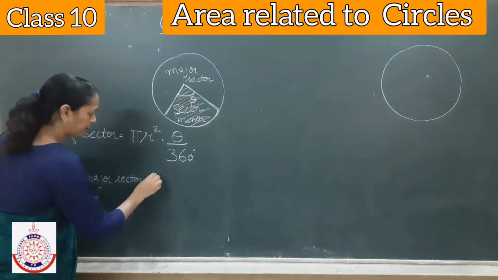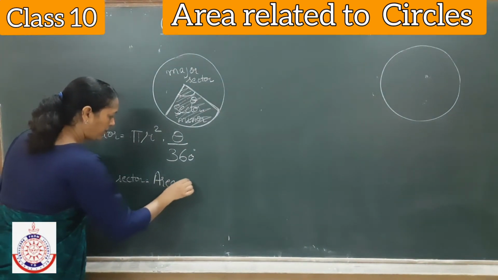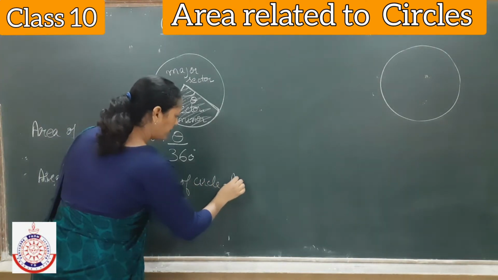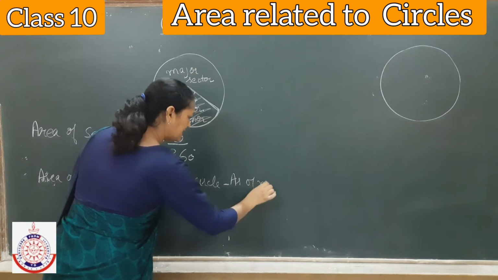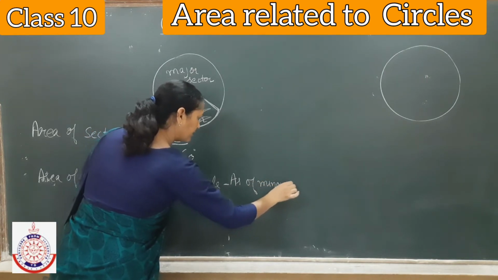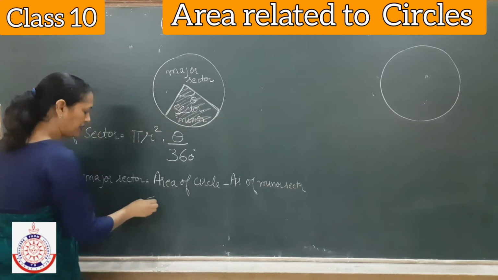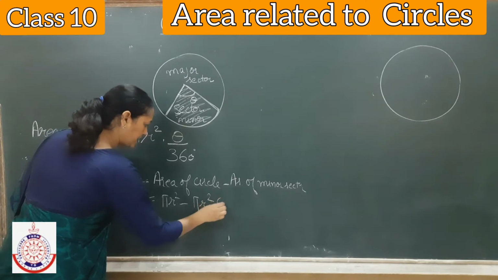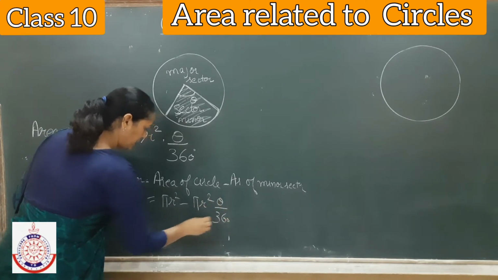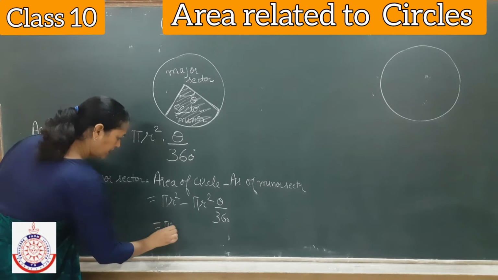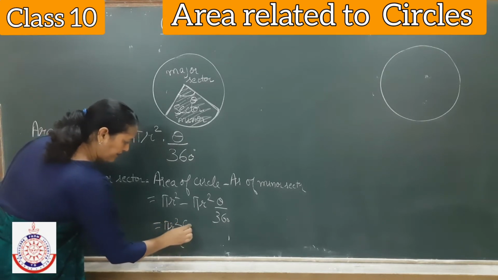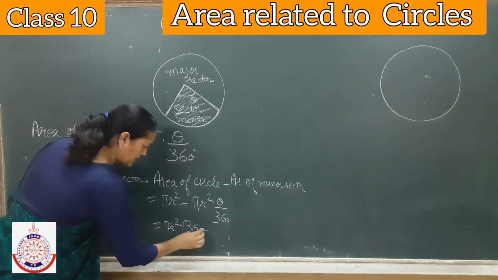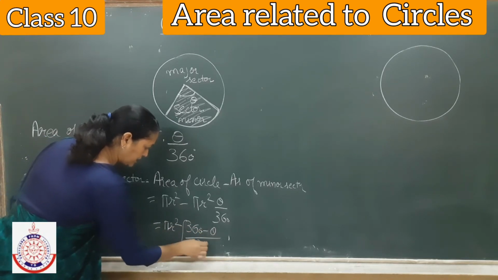So this will be area of circle minus area of minor sector. That means pi r square minus pi r square theta upon 360. So if we take pi r square common, we'll be left with LCM 360 minus theta upon 360.